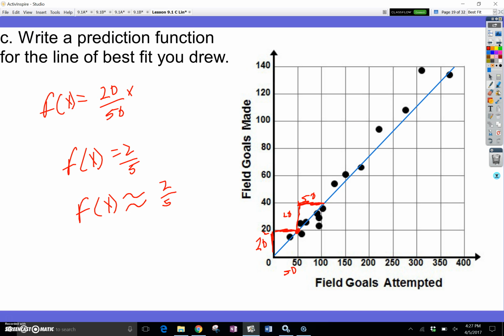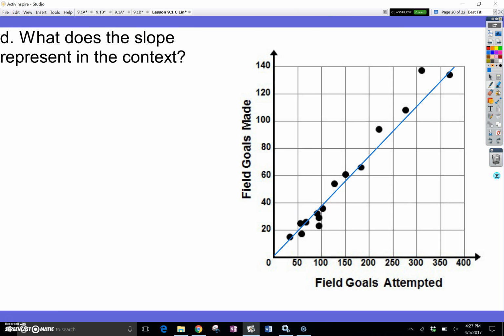So it says, what does the slope mean in the context? So remember, it's rise over run. So this is 2 shots made, 2 field goals made for 5 attempts. So if I were to write this in a sentence, how would I write this?